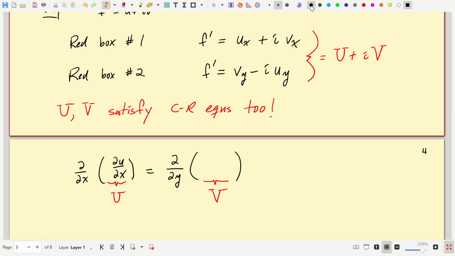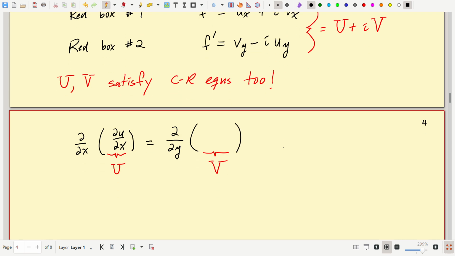Let's see. So now, v is dv dx. What am I doing? That's true. Okay, and now I'm going to have that equal to d by dx of the other u.